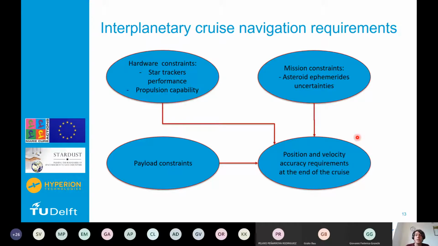All of these things should lead to the security requirements at the end of the cruise, I mean when we are switching between absolute navigation and relative navigation, I would say.